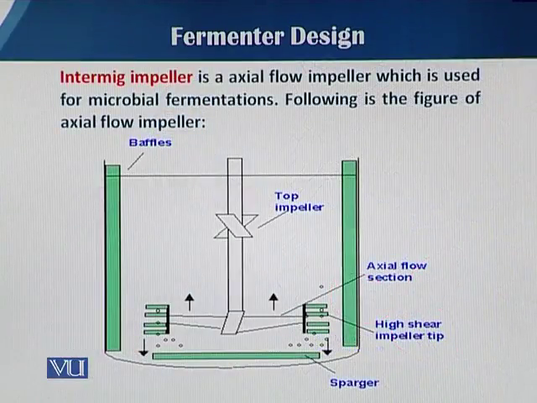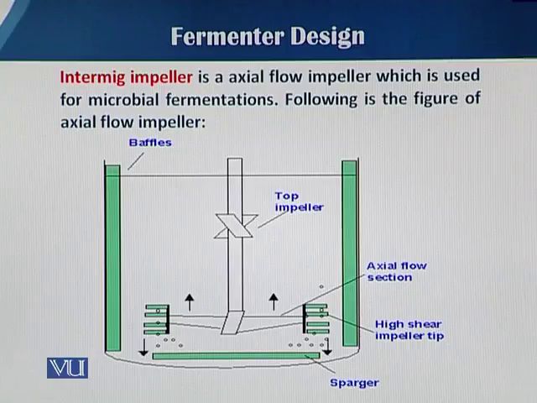There is a problem in radial flow impellers, which have maximum shear, but in the case of axial flow there is less shear. If we want less shear but also maximum mixing of air into the liquid medium, there is a choice of another kind of impeller.